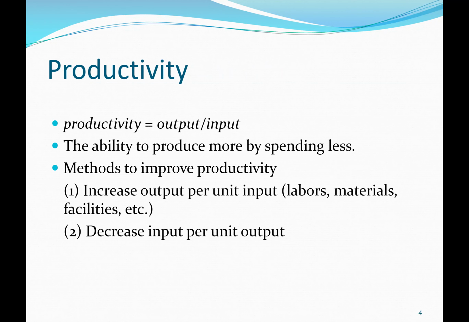Basically, our ratio of productivity is output over input, and there are really only two methods to improve productivity. One is to increase output without increasing input, or decrease input and keep output the same.